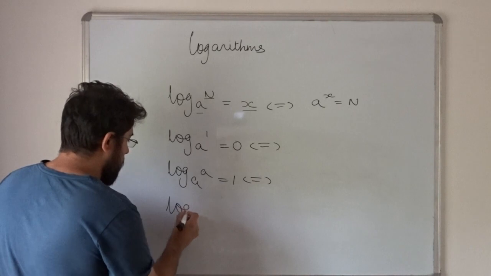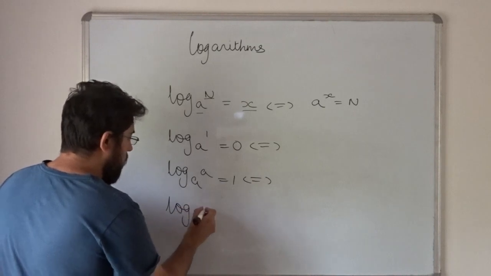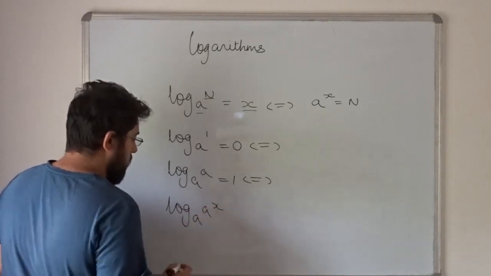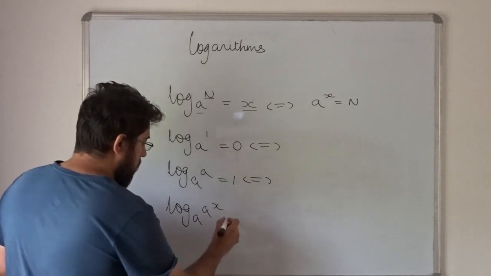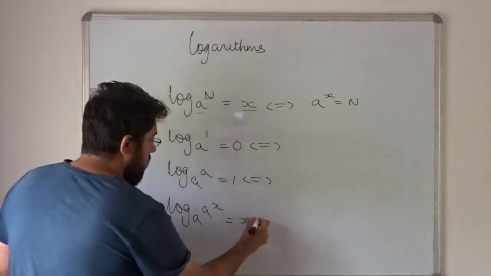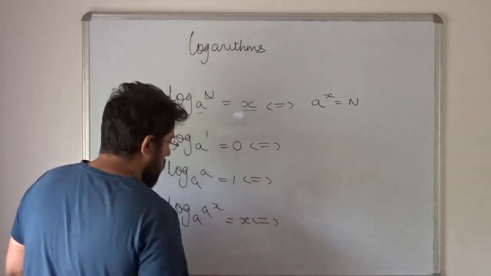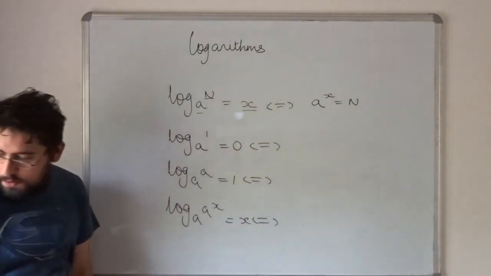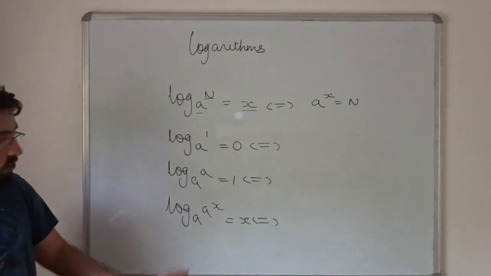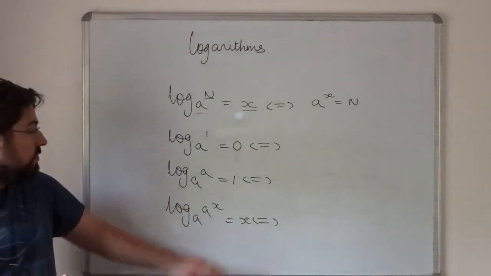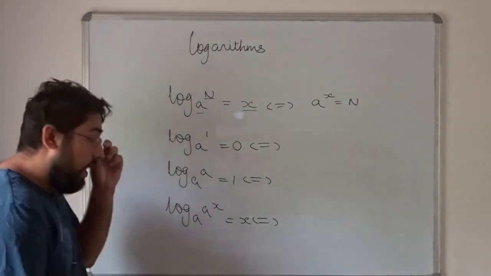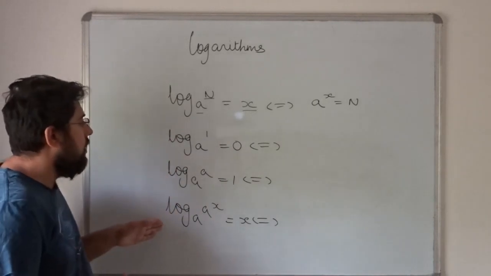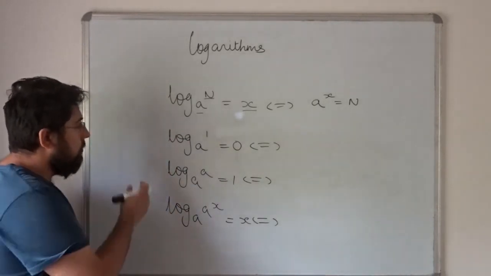It's this one. Log a to the power ax, okay? Which equals x. Basically guys, this equals x, but people really have the wrong notion of what this equals. So I hope you keep in mind these rules.